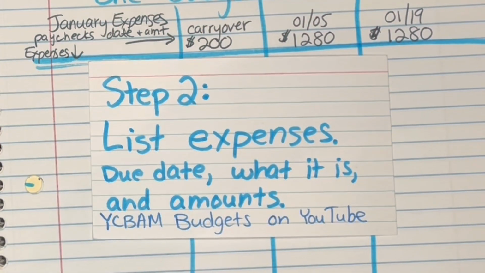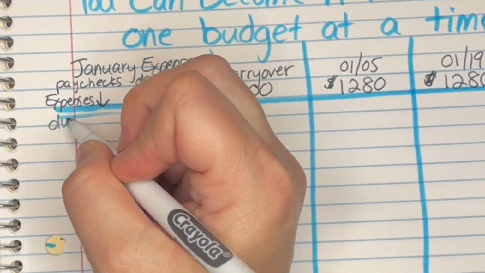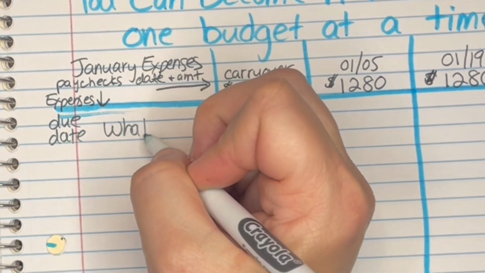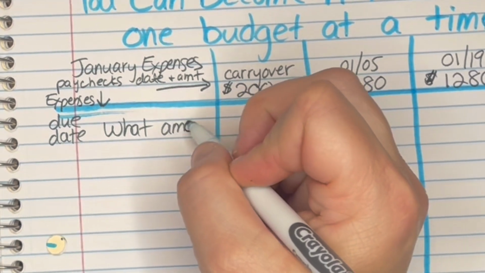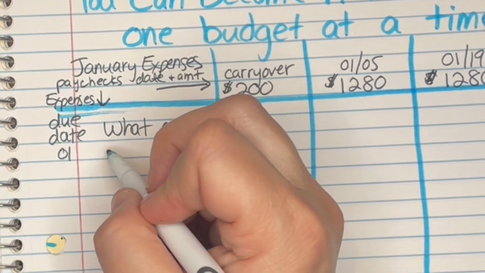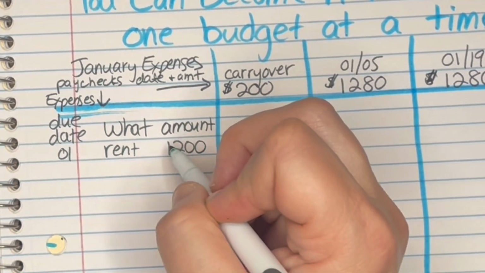Step 2, list expenses. The due date, what it is, and the amounts. On the 1st is rent. That's going to be for $1,200.